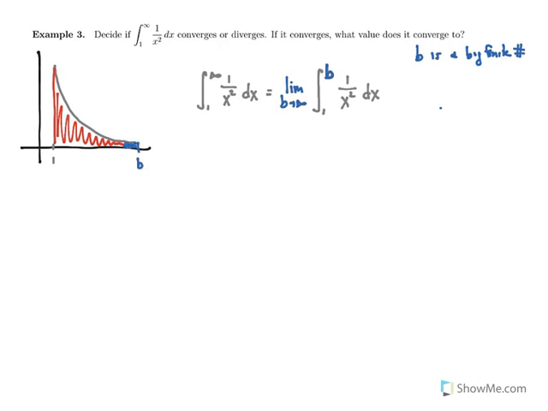So instead of thinking about an improper integral, we're going to make this a proper integral, 1 to b, so 1 to a million, 1 to a billion, 1 to something bigger than that. And then we're going to let b get bigger and bigger and see what happens to the integral. In the next video, we'll see some other ways of dealing with this improper integral. But in this case, we're going to think about the limit. We're going to take care of this integral.